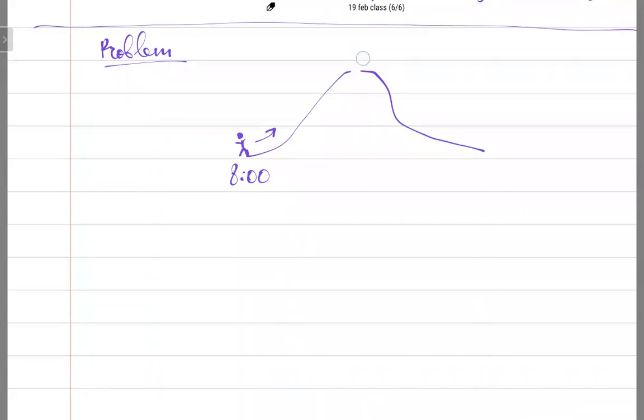There is some holy place on the top of the mountain, and he finishes his day at 8 p.m. The speed obviously is varying, so maybe sometimes he is just admiring the view, so the speed is not constant.